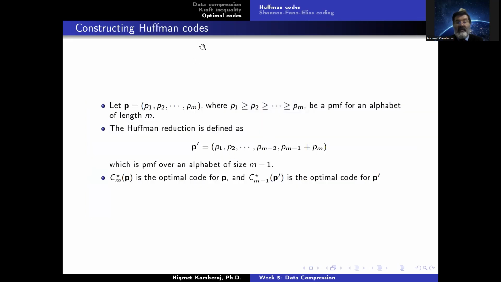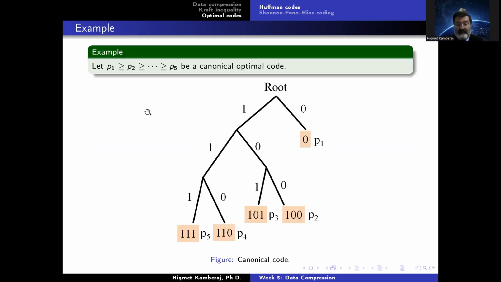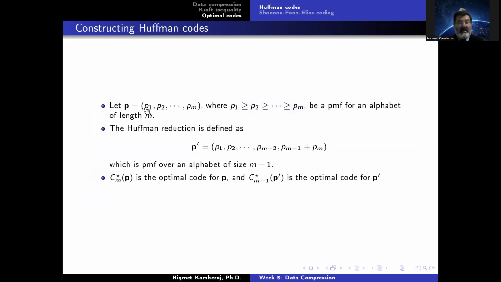How to construct the Huffman codes? For example, consider P a probability distribution p_1, p_2, ..., p_M, where p_1 is greater than or equal to p_2, greater than or equal to, and so on, p_M.